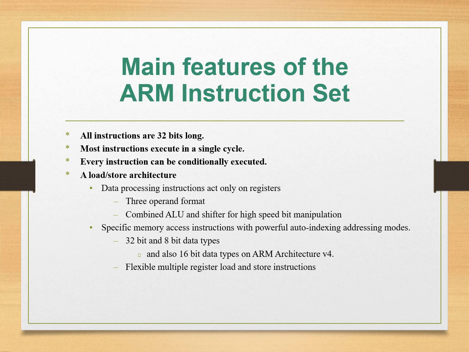If you want to add, you need the operand registers, and also you need to put a constant value. So that's why we are going to use the shifter to manipulate it later. There are also specified memory access instructions with powerful auto-indexing addressing modes.